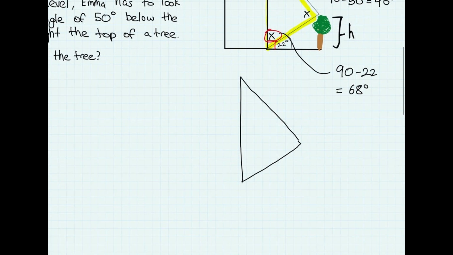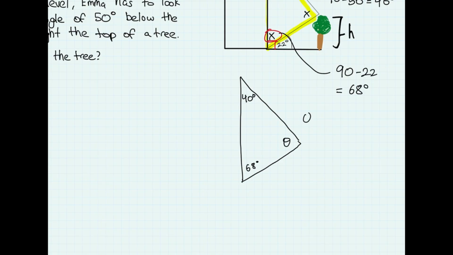And so if I draw that in the new triangle, we have 68 degrees right here and 40 degrees right here. Now, with this information, we can find this last angle, theta. We know that all angles in a triangle add up to 180 degrees. And with that information, we can find theta.